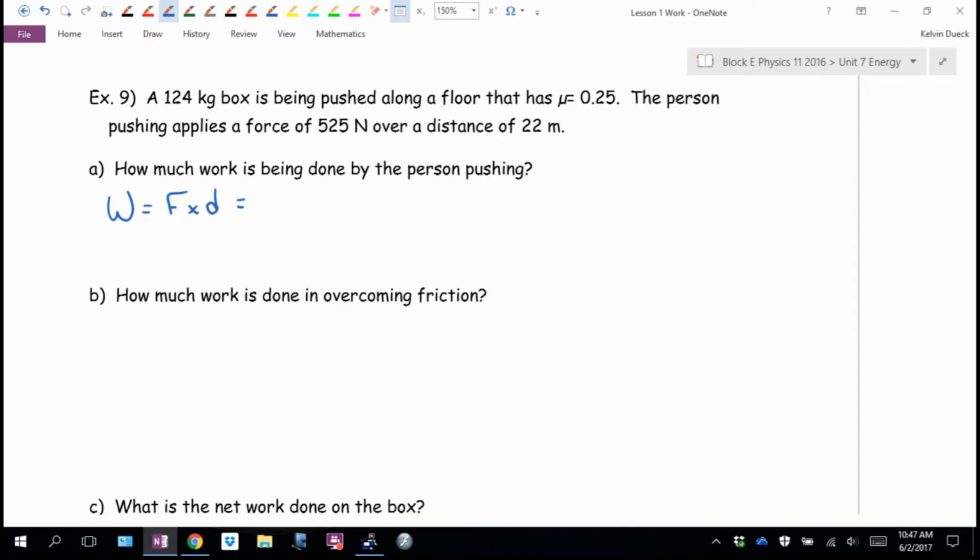Okay. What's the force done by the pushing? I think in this question it's the applied force, because it says pushing applies. What's the applied force? 500. Do a quick check. Is the applied force in the same direction as the distance? Yes. So what's the distance?